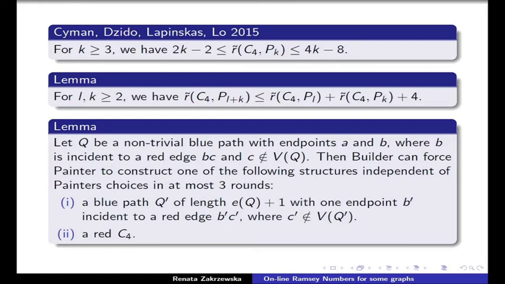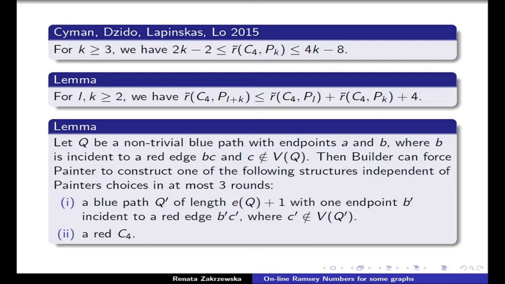Lemma: for L, k at least 2, the online Ramsey number of C4, P_{L+k} is less than the online Ramsey number of C4, P_L plus the online Ramsey number of C4, P_k plus 4. And consider another lemma.